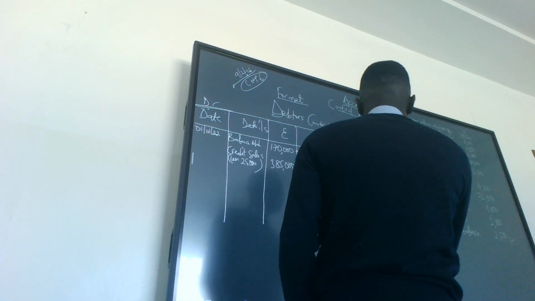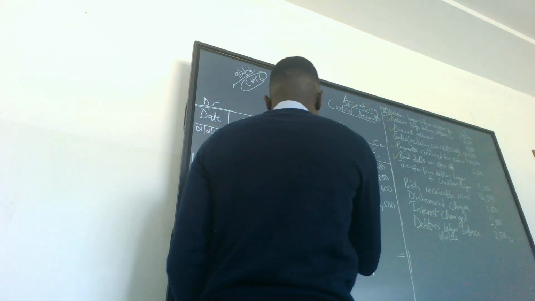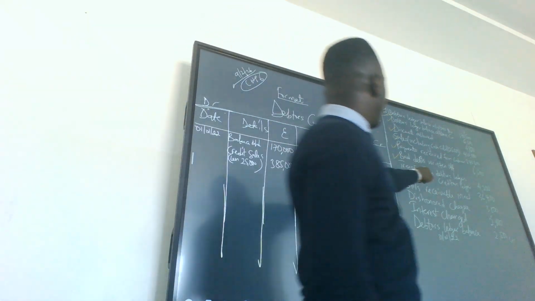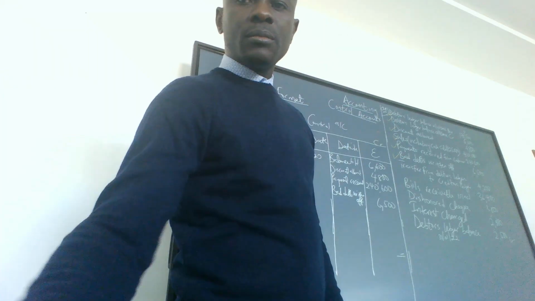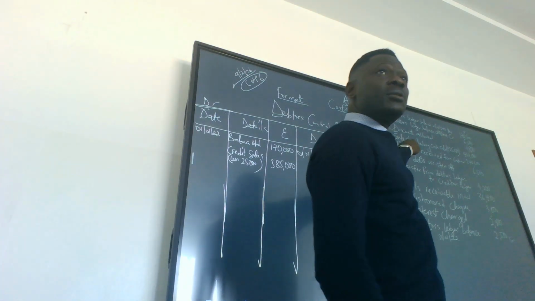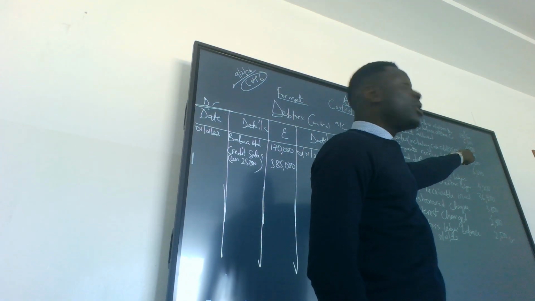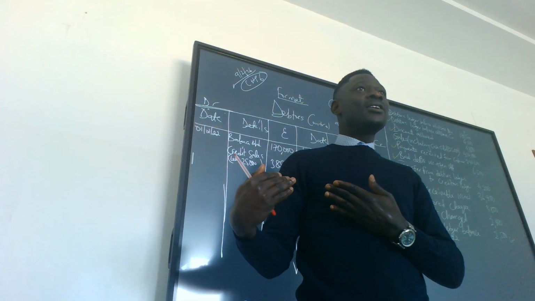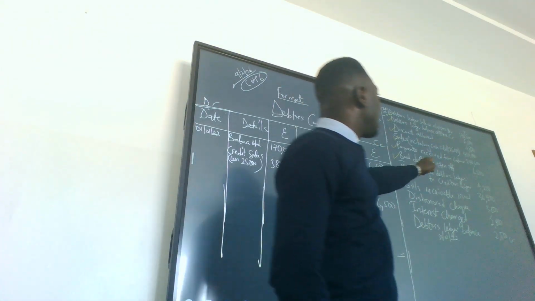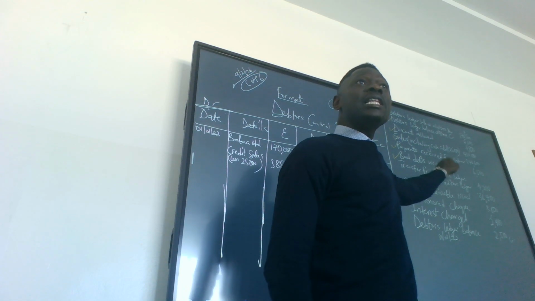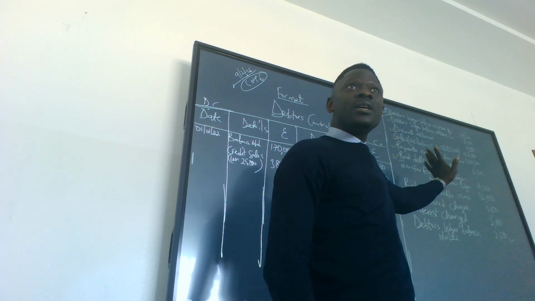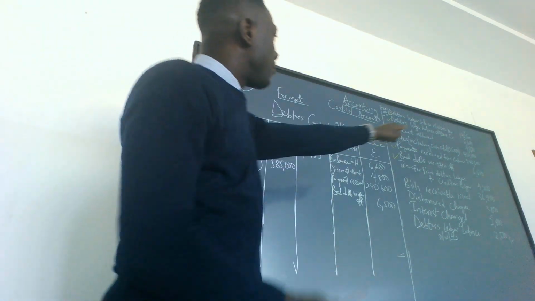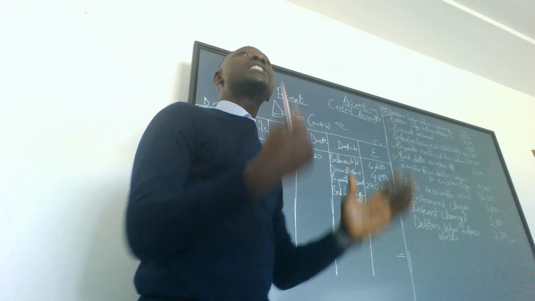Mister, how did you get the 325,000 on the debit side? They said sales, the total sales. We have the total sales is 410,000, but it's inclusive of the cash sales. Whatever we have here is a credit sale. So the total sales of the business is 410,000, including the cash sales of 25,000. So we need credit sales, yes or no? So for your credit sales, it will be 410,000 minus 25,000, which is cash.